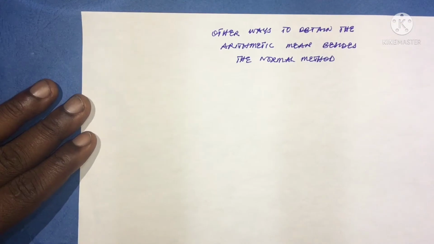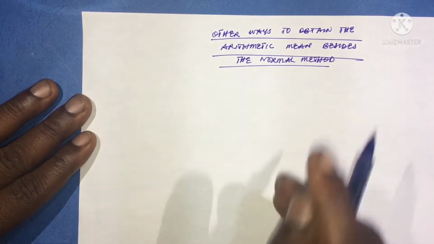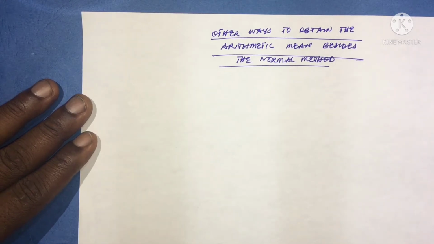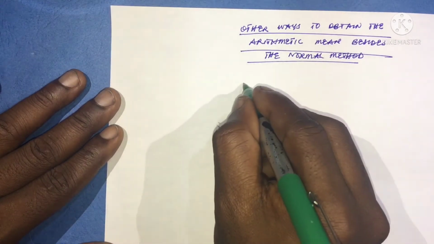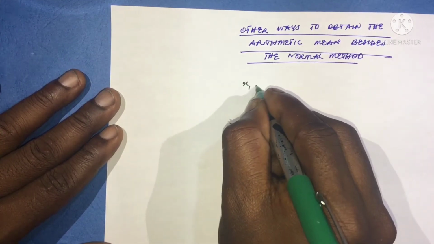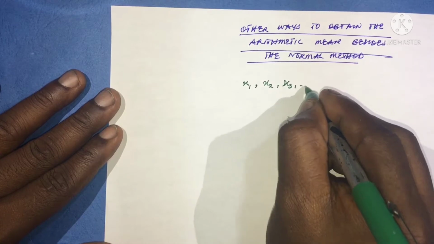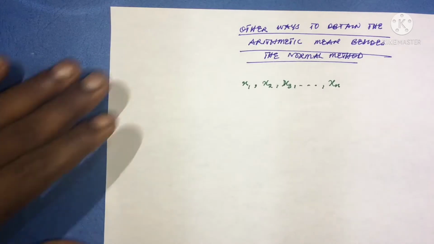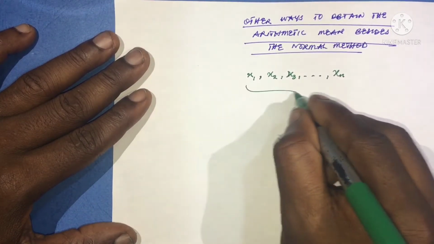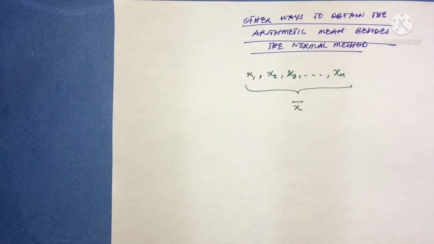Let us now go to what we explained earlier as the normal method for obtaining the arithmetic mean. Remember, for a data set comprising x1, x2, x3 up to xn data entries, the arithmetic mean for this data set will be represented with x bar.